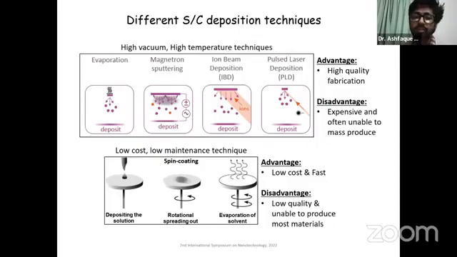And for producing it in large amounts for industrial production, it's often not very suitable. So we need to find a way which is in between these two, which is not very expensive and at the same time gives high quality fabrication as well.